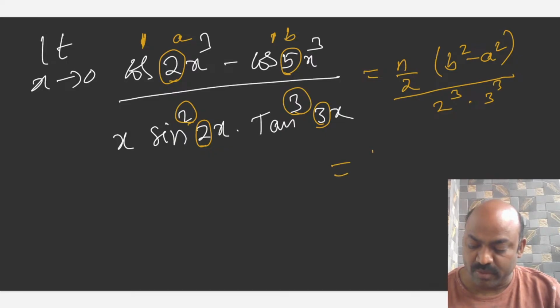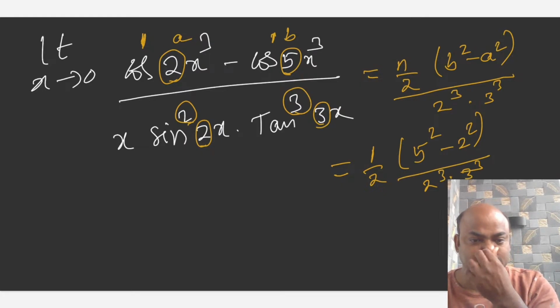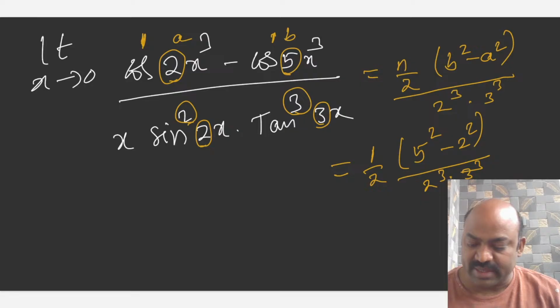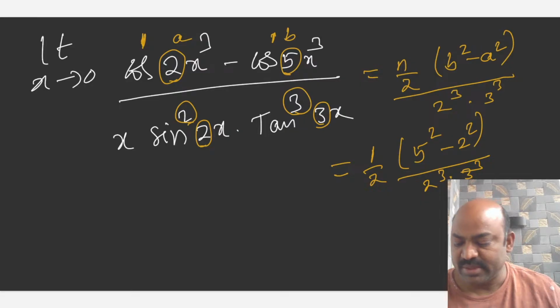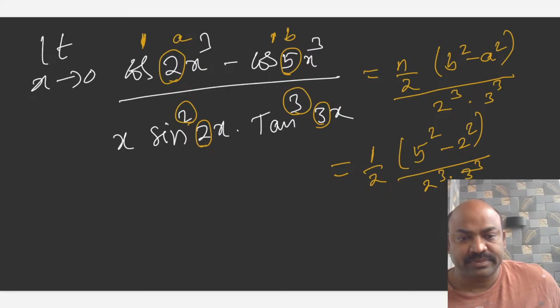Final answer, can you give me? 1 by 2, into 5 square minus 2 square, by 2 cube into 3 cube. So the final answer will be nothing but 21 by 216, and with the 3 you are getting a cut, right?